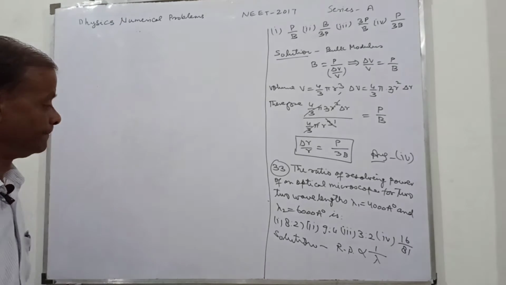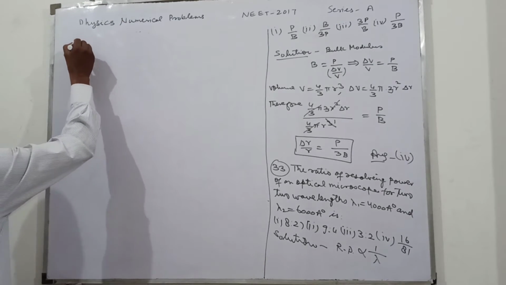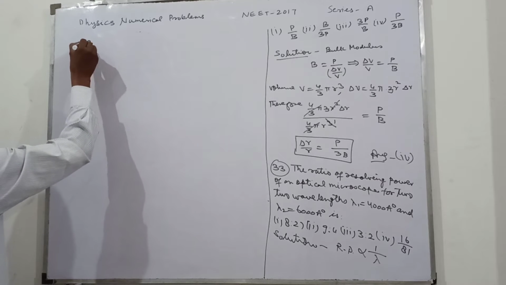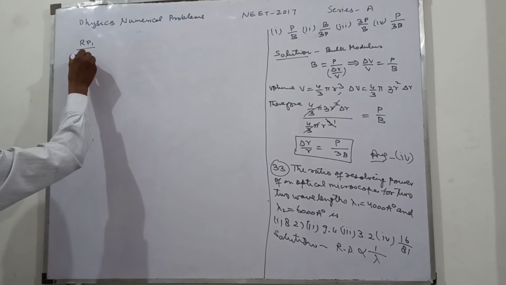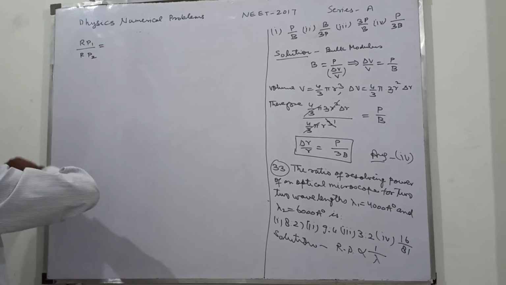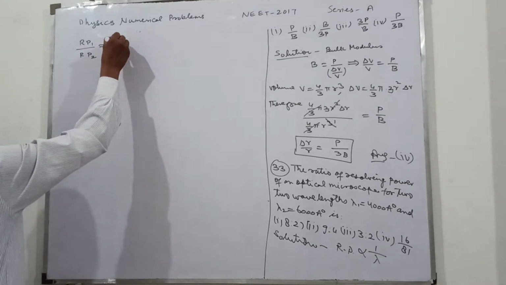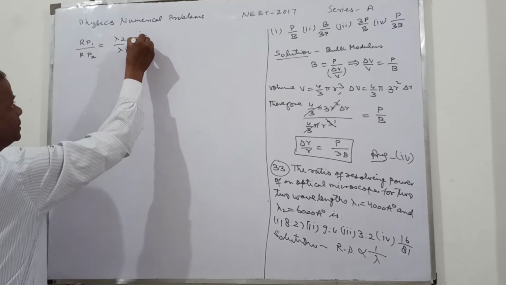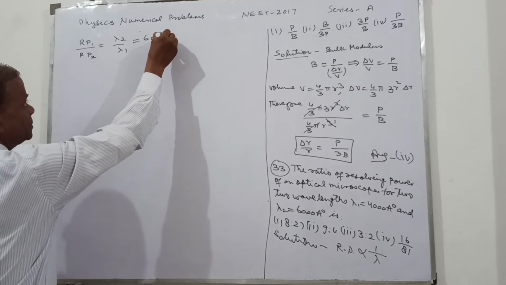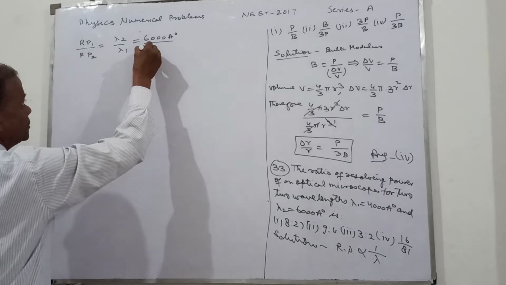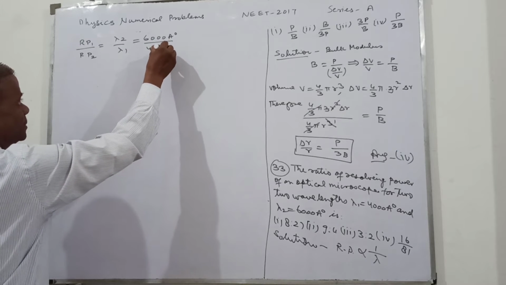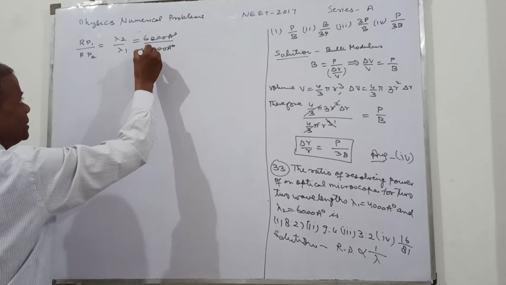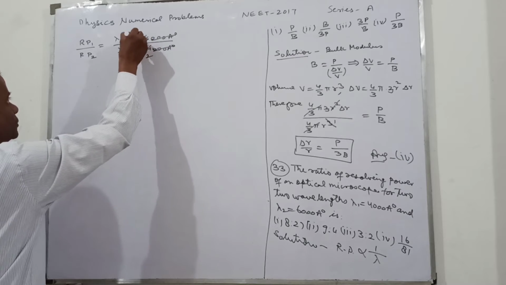So Rp1 upon Rp2 will be your lambda 2 upon lambda 1. And from here, this is now your 6000 angstrom upon 4000 angstrom. These will cancel. This is now 2. This is now your 3.